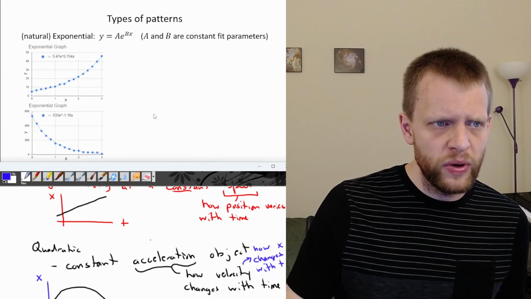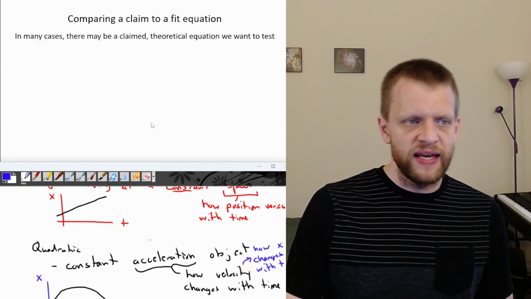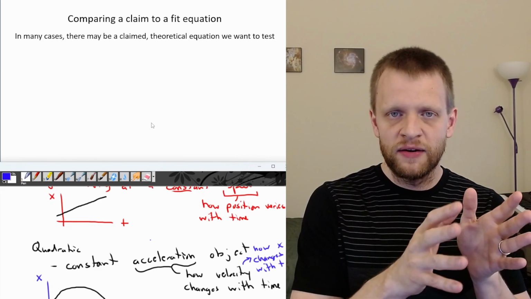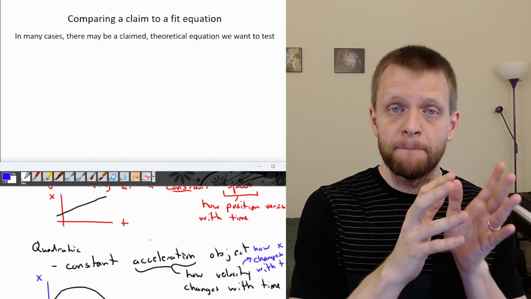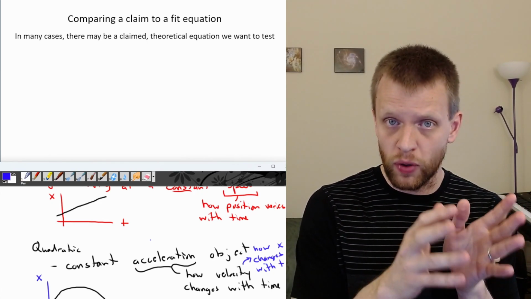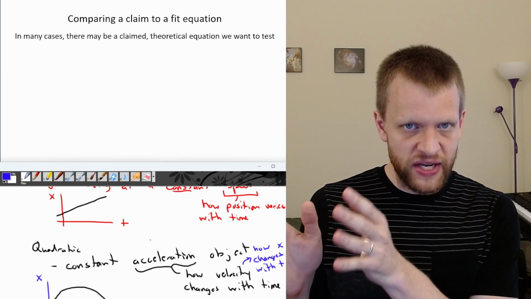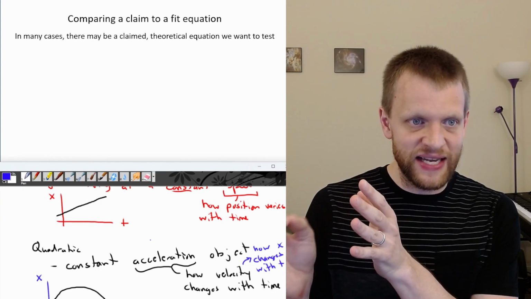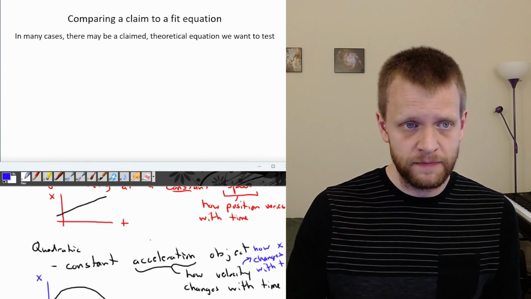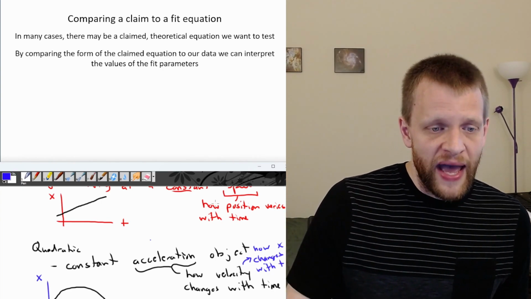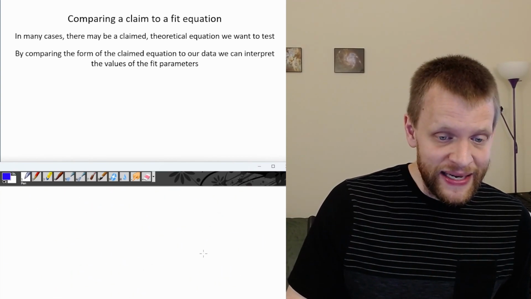So what we want to be able to do is take some claim, some model of how we think the world works, and use these patterns that we're finding in our data to actually test out those particular claims. And again, this is going to be extremely helpful.